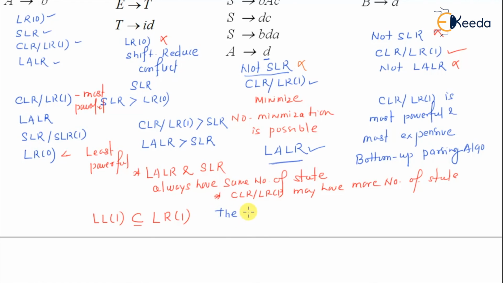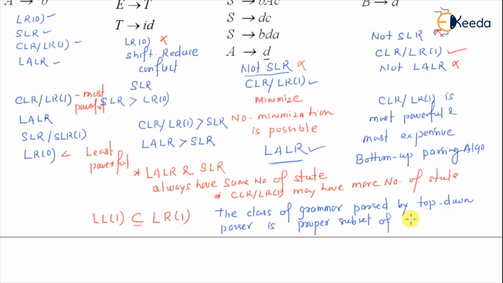The class of grammar parsed by top-down parsers is a proper subset of the class of grammar parsed by bottom-up parsers.